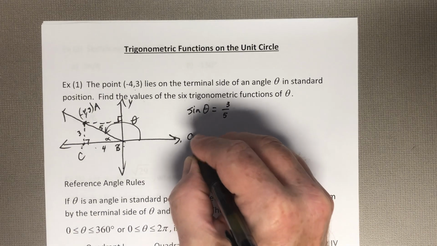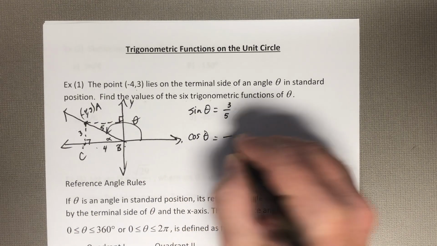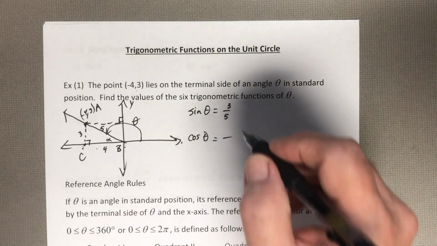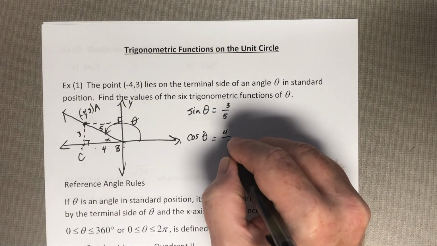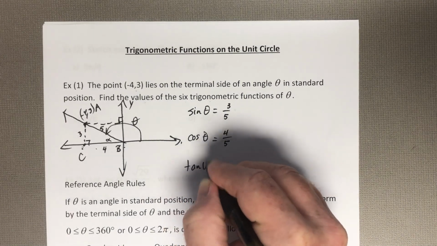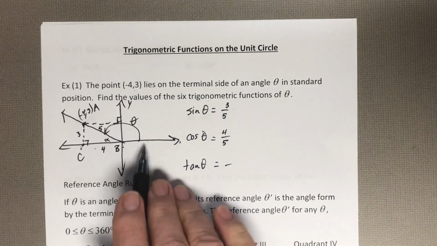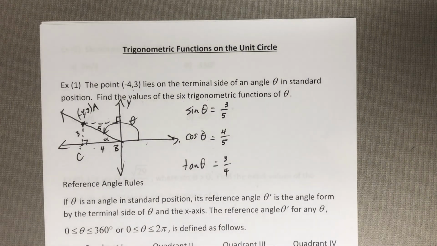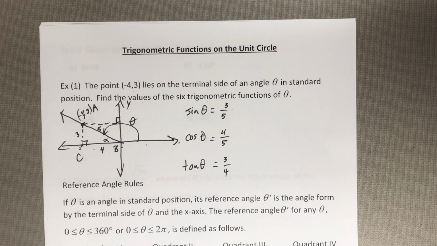I then want my cosine next. So the cosine of theta is the adjacent leg, the 4, divided by the hypotenuse, which is 5. And then I want my tangent of theta, which is the opposite leg, 3, divided by the adjacent leg, 4. And once you get your 3 basic trigonometric functions, those reciprocals are easy.